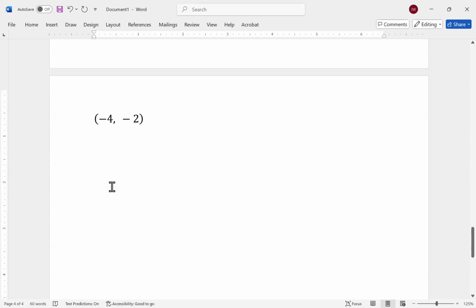Similarly, this last point is in quadrant 3. When I find R, that's the easy part. R squared is equal to -4 squared plus -2 squared.